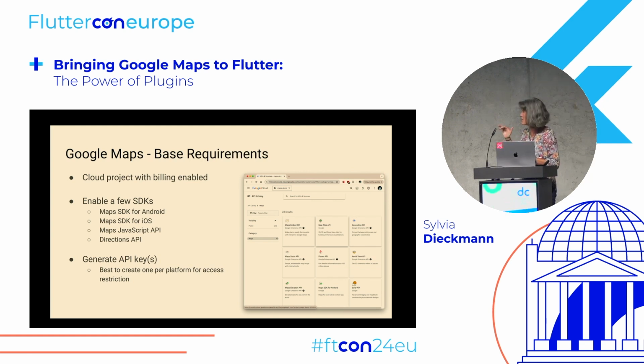I might also use the Geocoding API. I'm not sure about that, but at least a handful of APIs. And next, you have to generate an API key, at least one, but ideally you should have one for each platform, because API keys should really be treated as passwords, so they should be protected. The best way is to tie them down on the cloud side and allow use for a certain platform only. So what I usually do is create an API key for each platform.